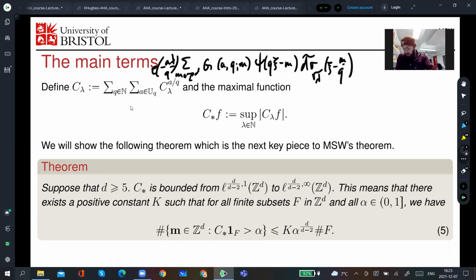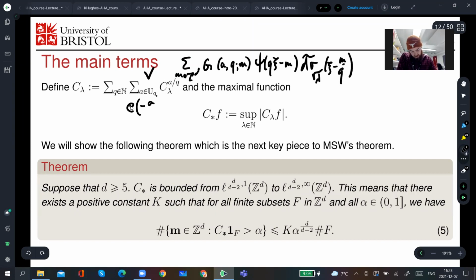Or actually, why don't I just do this? I'm going to throw it in right here, in between. I should have an e of minus a λ over q right there.